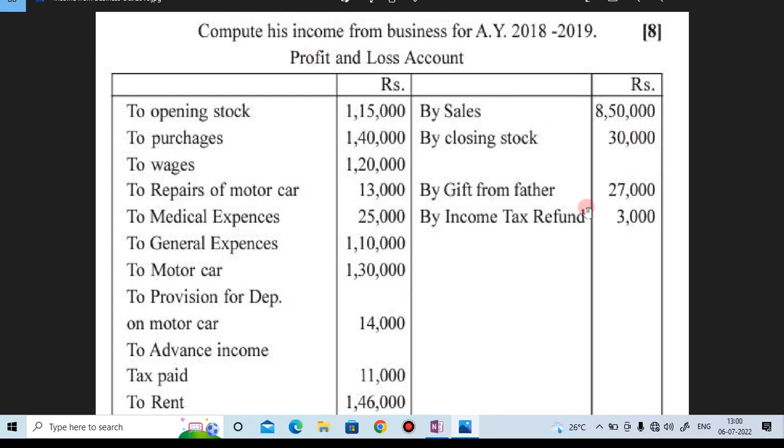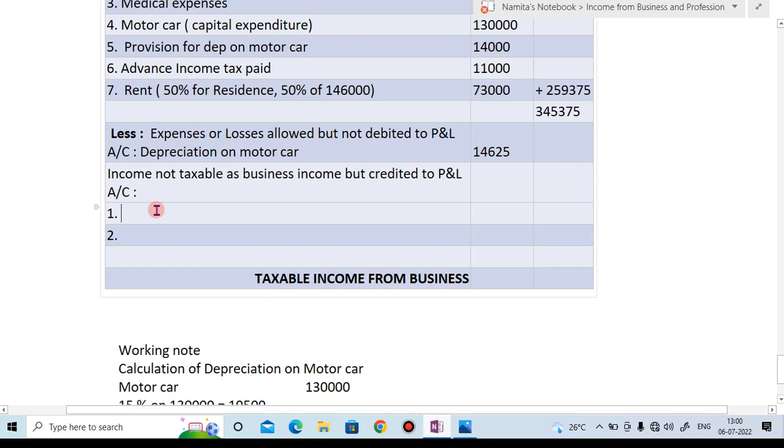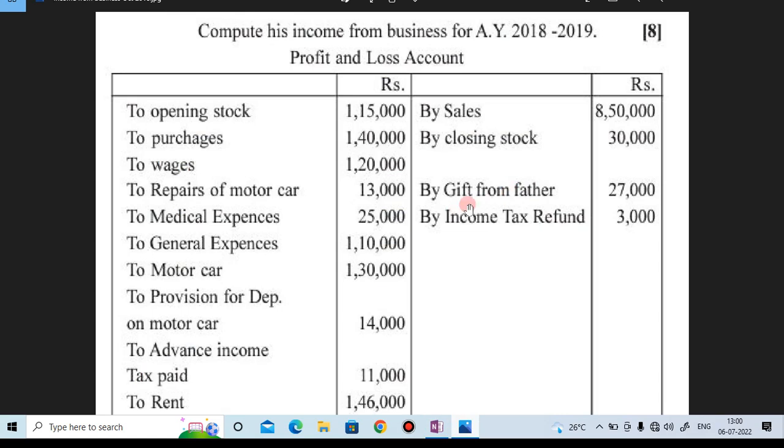Then gift from father, 27,000. After gift from father, next is income tax refund. Now even income tax refund is not business income, 3,000 rupees.